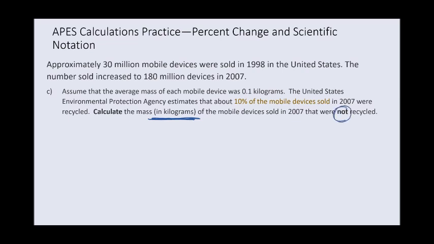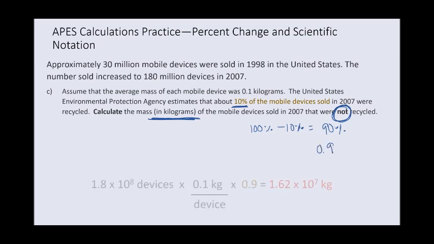So this is important here, because if I just jump the gun and say, oh, I'm calculating the 10%, then I'm not answering the question correctly. If 10% was the only amount that was actually recycled, that means 90% of it actually wasn't. And if I convert this percentage to a decimal, that's 0.9.